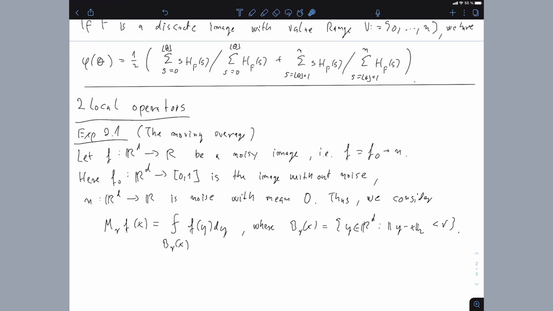It doesn't matter here for the integration whether you include the boundary or not. And this is pretty much the simplest denoising method, called the moving average.